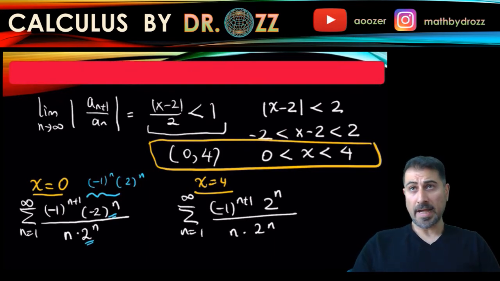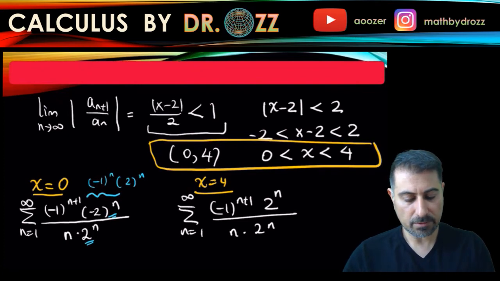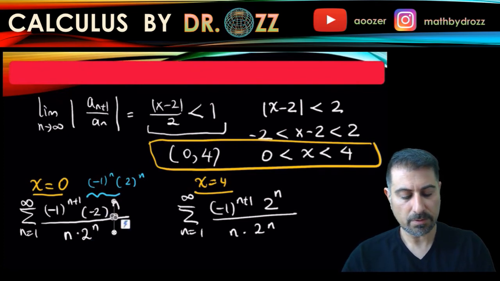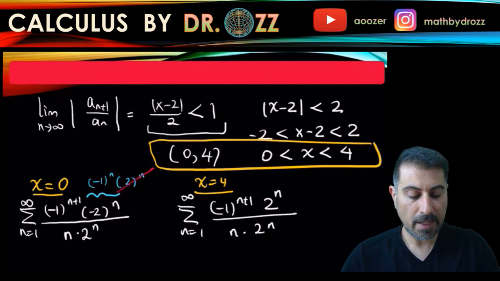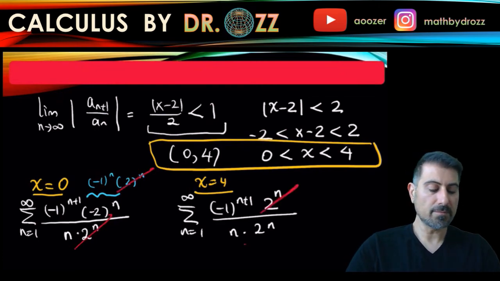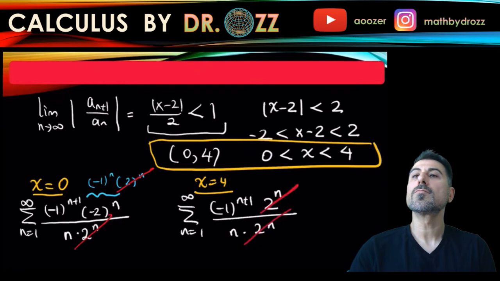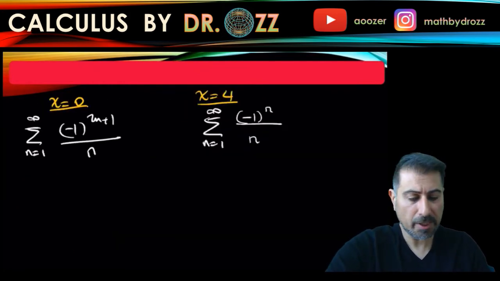That's how you get to the (-2)^n. But writing it this way allows me to cancel out 2^n and 2^n. Okay? And here on the right, these are already canceled out. All right, so I rewrote those expressions.